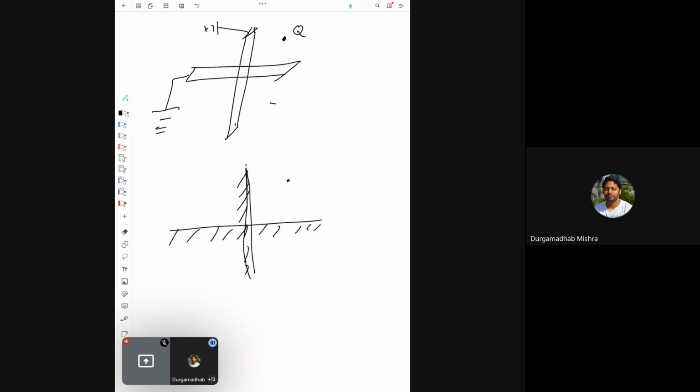I have the charge q here. Let's say this has coordinates a and b. Now I have to find the mirror images. So I'll go in this direction. This will be minus q, having coordinates minus a and b.